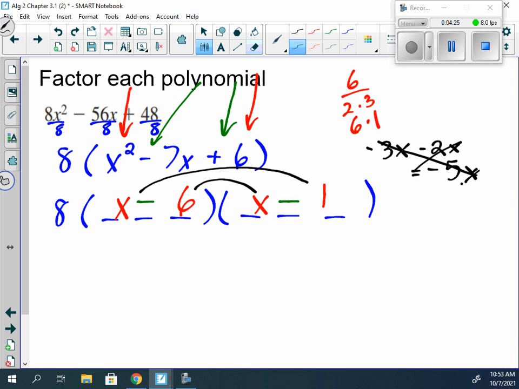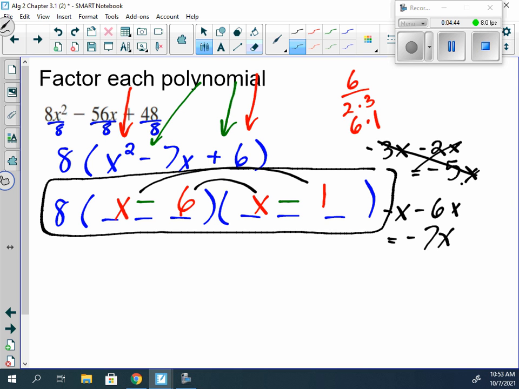So that didn't work. So x times negative 1 would be negative x. Negative 6 times x would be negative 6x. And negative x minus 6x is negative 7x. Is that what we wanted? Mm-hmm. And that's it. That's all we have here.